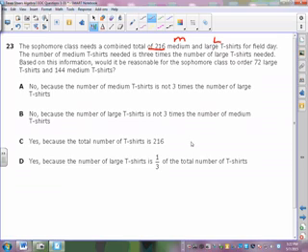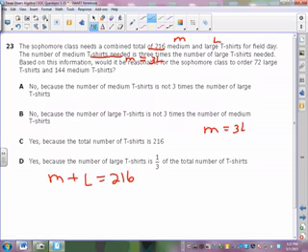The number of medium shirts plus the number of large shirts is 216. And it says the number of medium shirts is 3 times the number of large shirts. So that tells us that M equals 3L.